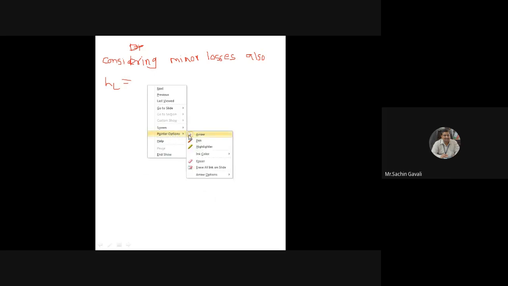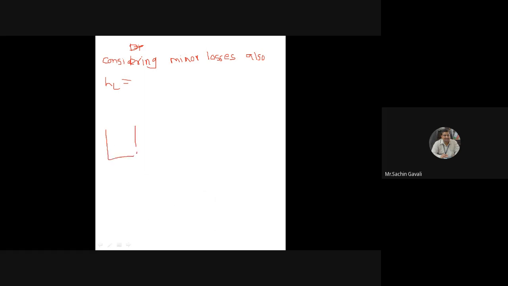This is one of the reservoirs, and this is the first pipe, and second pipe is like this, and third pipe is a contracted pipe.